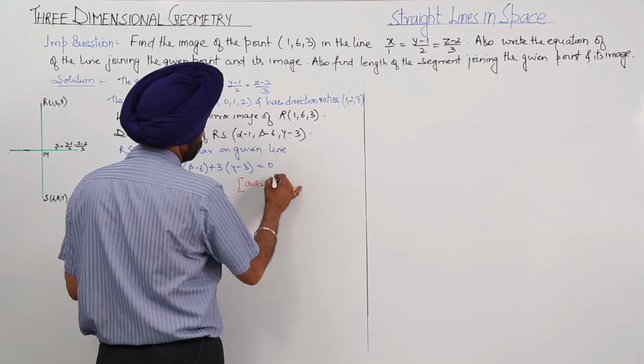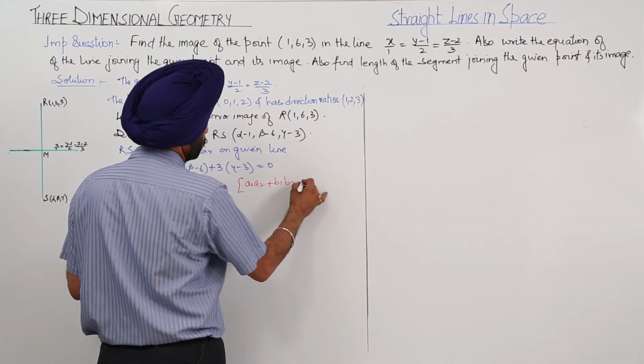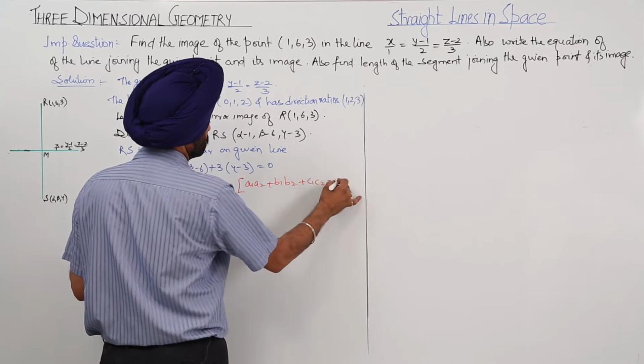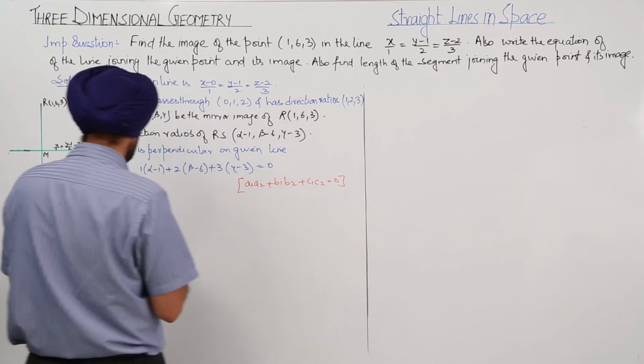A1 A2 plus B1 B2 plus C1 C2 is equal to 0.